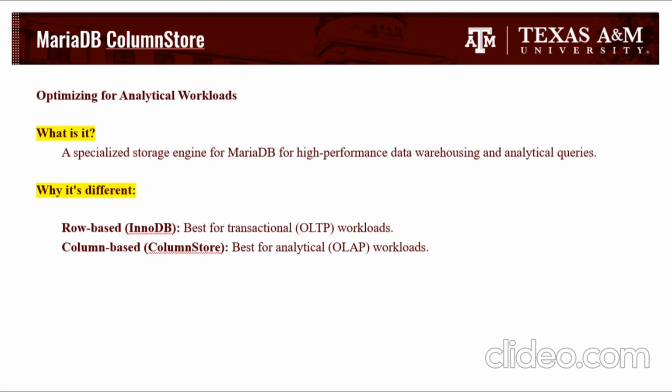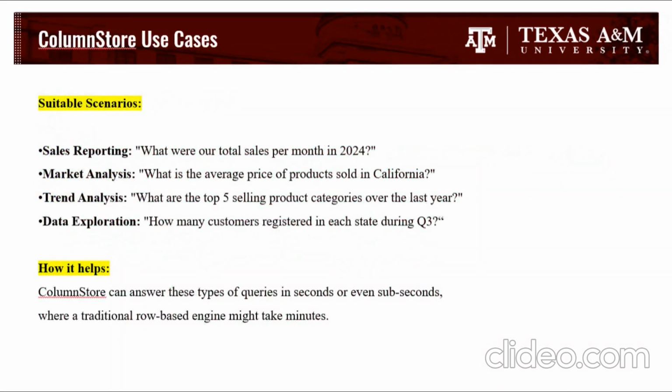Now we are going to look at the ColumnStore use cases. This makes ColumnStore ideal for a variety of analytical scenarios at Ethermart. We could use it to generate sales reports, for a question like: what were our total sales per month in 2024? We can use it for market analysis, for example: what is the average price of products sold in California?